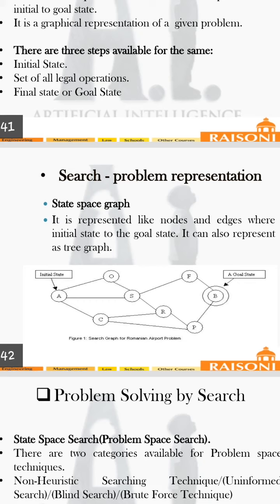In between there are different middle nodes: O, S, C, R, P, F. What we have to do is reach the destination node B, but we have to find the shortest path, ignoring as many nodes as possible, so that we reach our destination node by the shortest path. Okay, this is for the state space graph. Thank you.